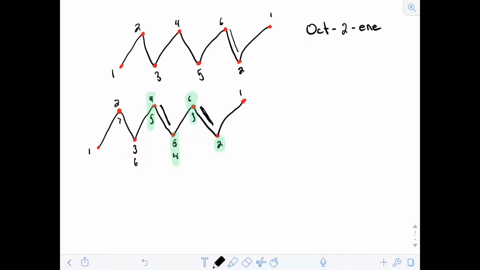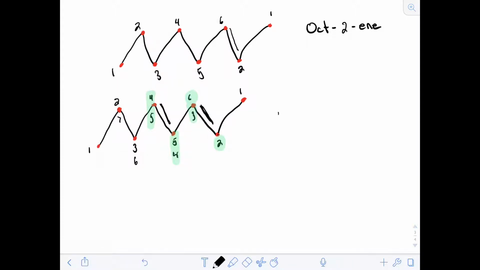And so we know it's 8 carbons, so we'd have oct-2,4-diene. So a lot of things here in organic chemistry really just stem from the Greek, or just Latin, I guess. Di meaning 2.